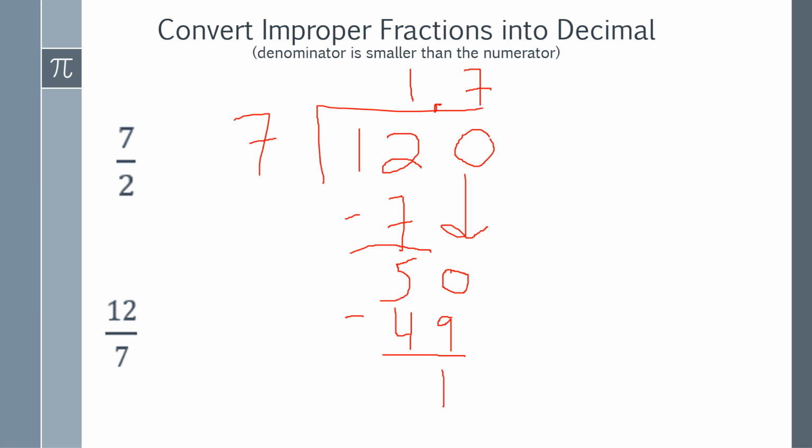And like I said before, you always want to get at least two numbers after the decimal point. So 7 can't go into 1 evenly. So we can add another 0. Bring that 0 down.